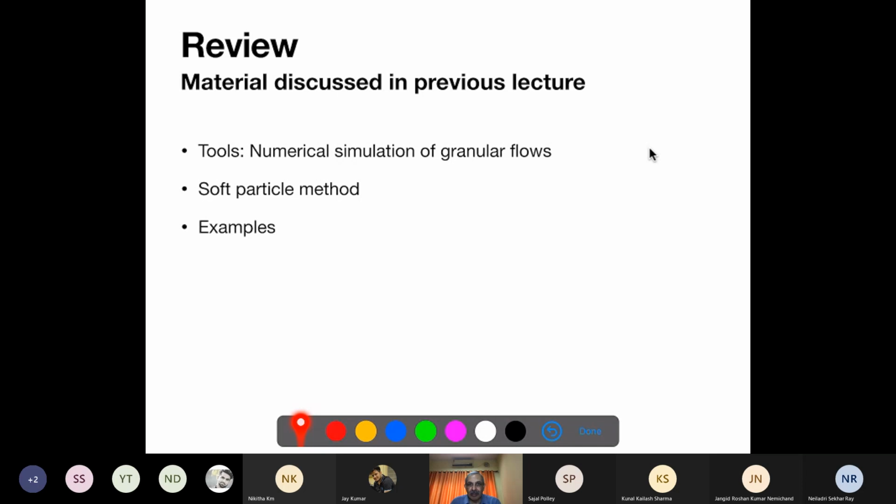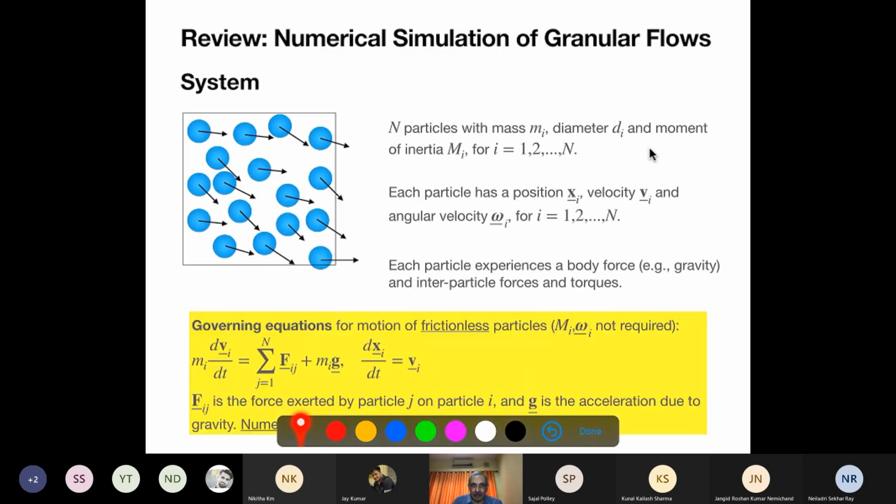So really, this is what we had done. And I showed you some examples. These are all now uploaded, at least some of these have been uploaded on Moodle. So the basic idea is this, that you have n particles in a box whose mass is mi, moment of inertia is capital Mi.